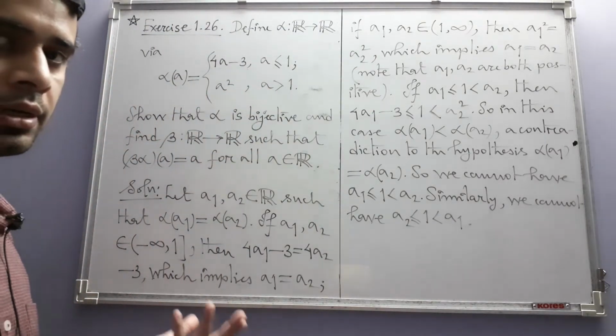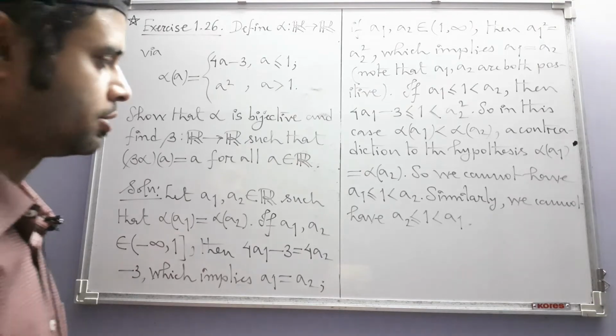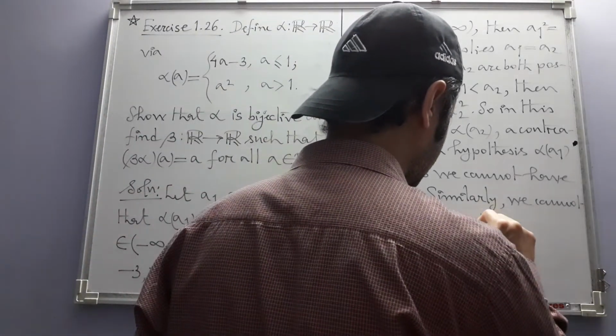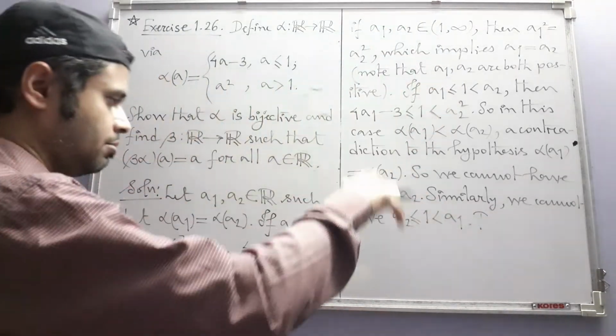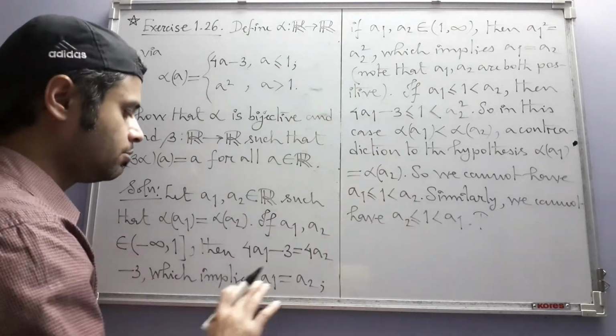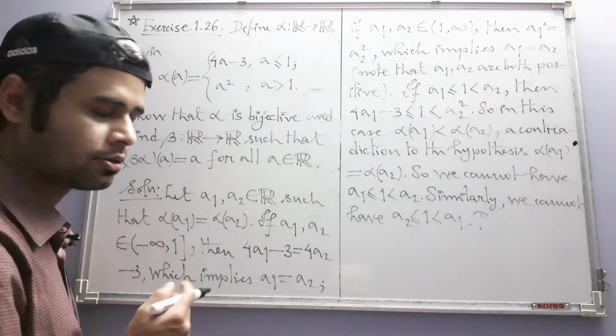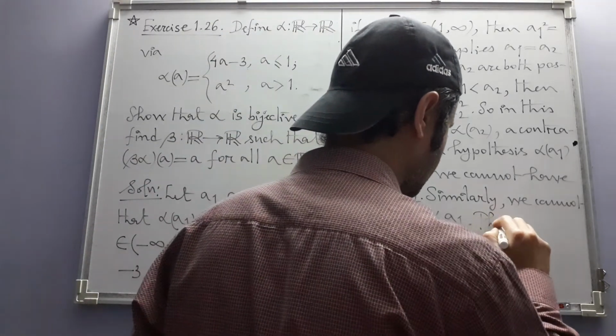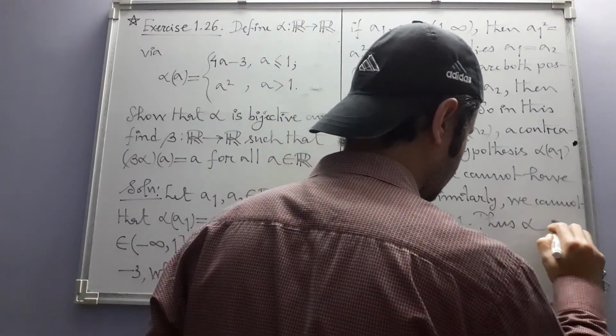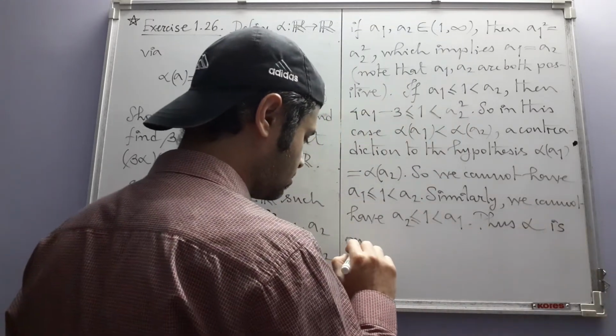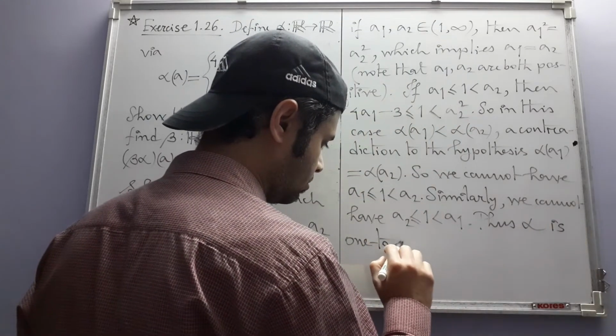So now all the cases have been explored, and in the remaining cases, I mean not these two but the others, we have seen that the inputs are also equal. Thus alpha is 1 to 1.